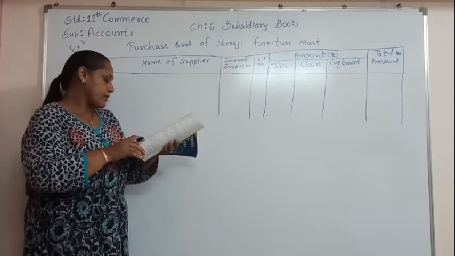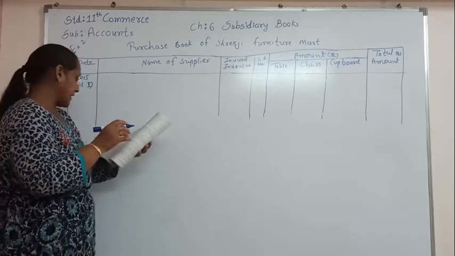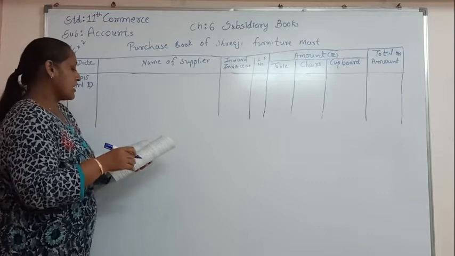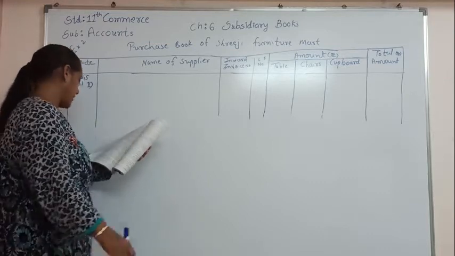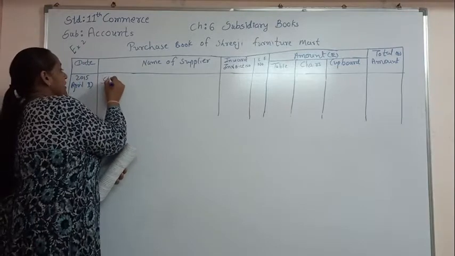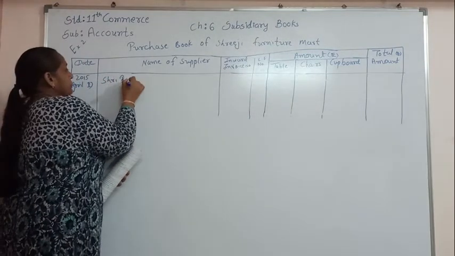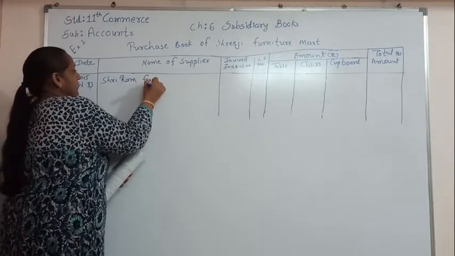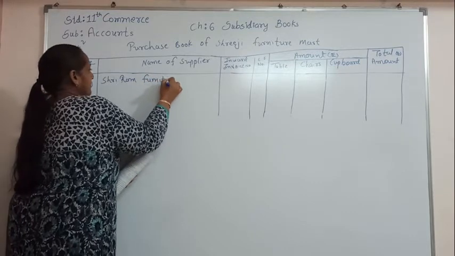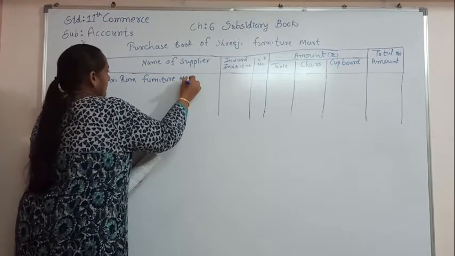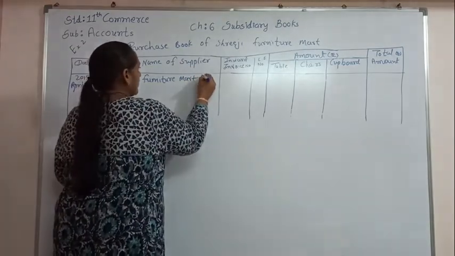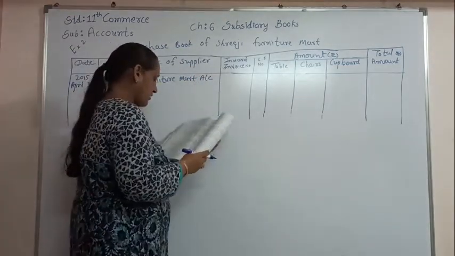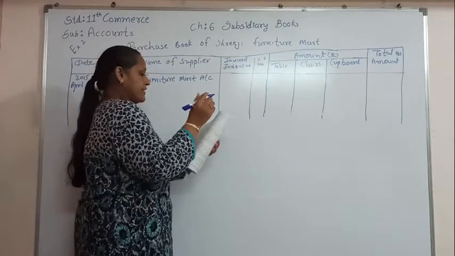Credit period 1 month and invoice number 99. So here we have purchased the goods from Sriram Furniture Mart. So here we are going to write Sriram Furniture Mart account, and the invoice number given to us is 99.